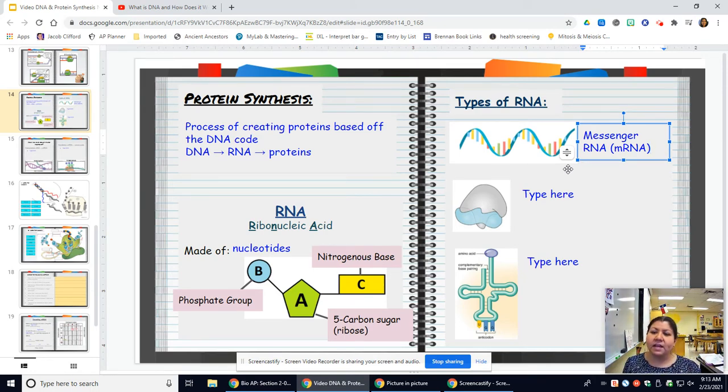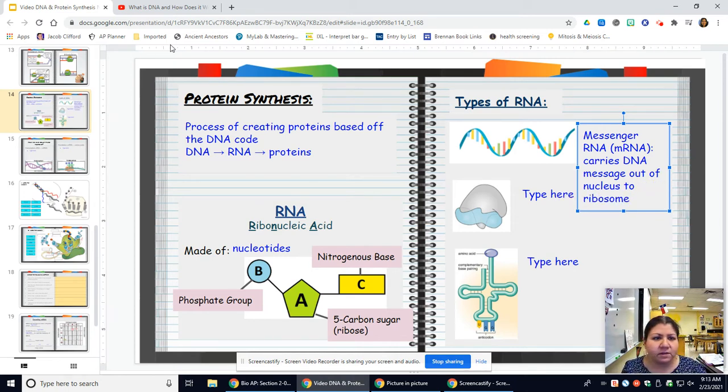So the mRNA is going to take that genetic code from the DNA and transport it out to the ribosome. So messenger RNA carries the DNA message out of the nucleus to the ribosome.